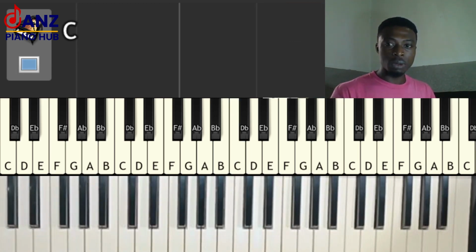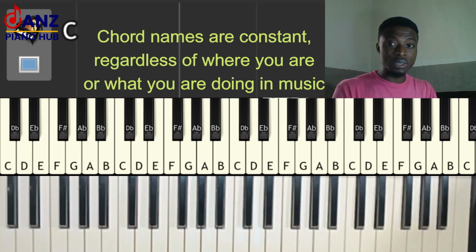Now, let me take us back a little bit. When I was talking about notes, I told us we have the chord names and we have the note names. The difference between these two is this. Your chord name will never change. If you travel from Nigeria, you go to the US, the UK, China, France, Canada, C remains C, G remains G, F remains F. It does not change.